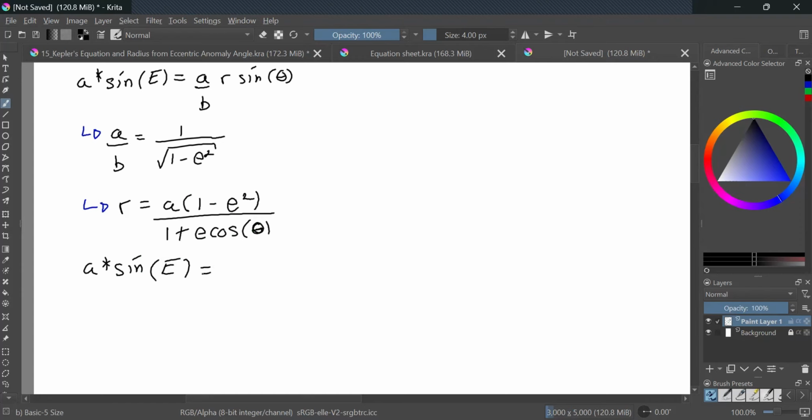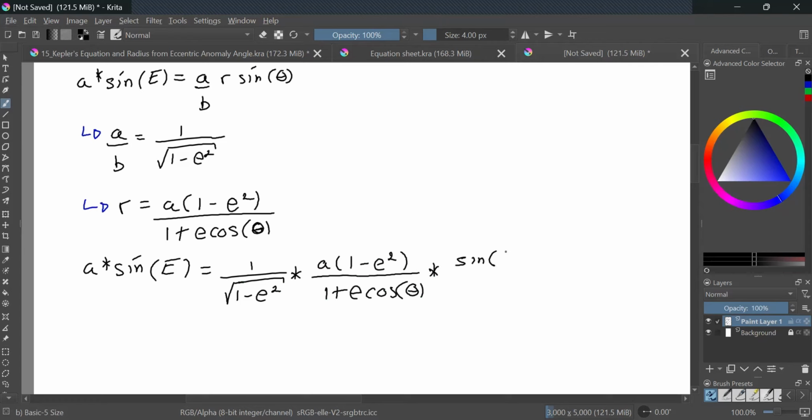That is going to be equal to a over b becomes 1 over the square root of 1 minus e squared. Very nice. R becomes a times 1 minus e squared over 1 plus e cosine of theta. Very, very nice. Times the sine of theta.